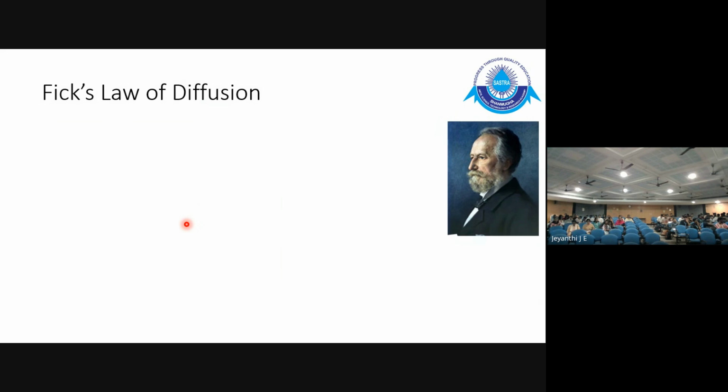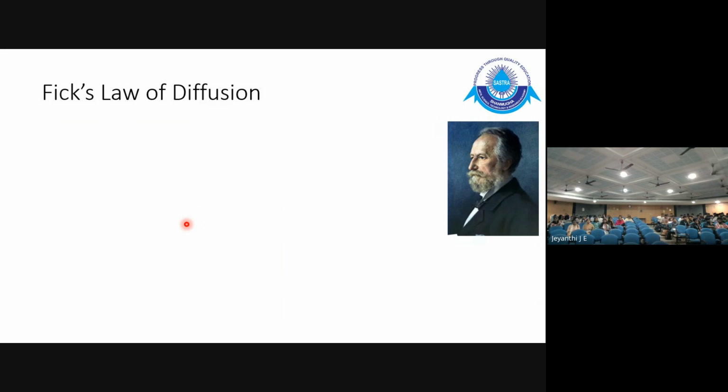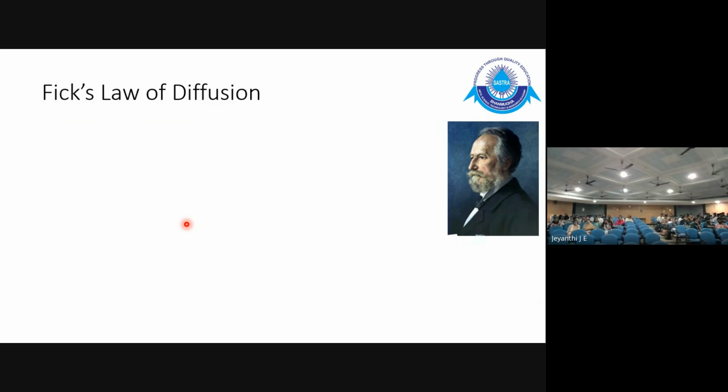You don't need to blow air, you don't need to increase the temperature, nothing. It naturally happens, just the difference in the concentration, which is mathematically called, can you guess? Mathematically, you would have heard of this term. Whenever you have a difference in concentration with respect to space, what do you call it mathematically? Anyone in the hall?